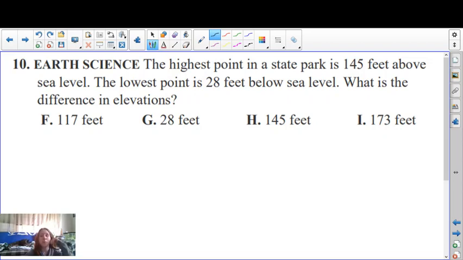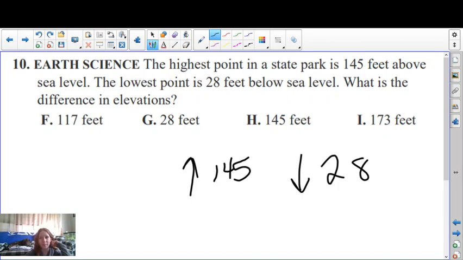Number 10, the highest point in a state park is 145 feet above sea level. The lowest point is 28 feet below sea level. What is the difference in elevations? It says difference, so I'm going to end up subtracting here.